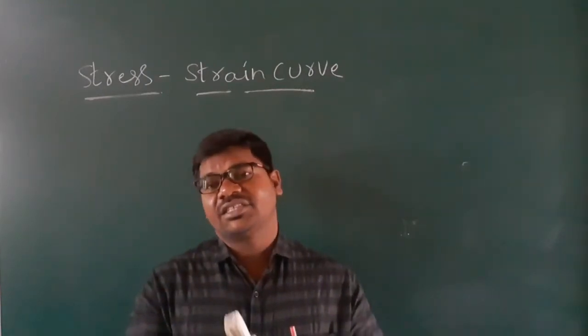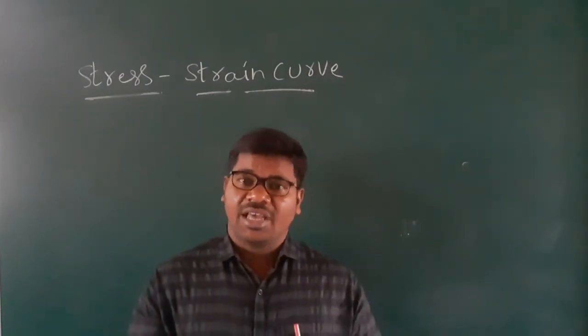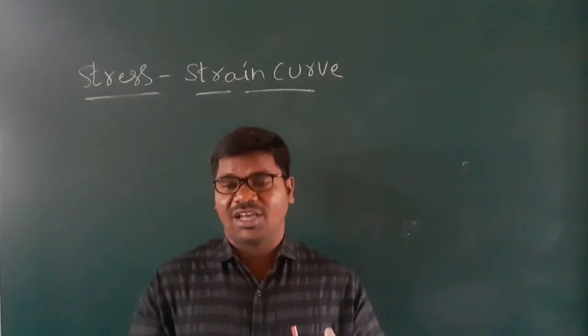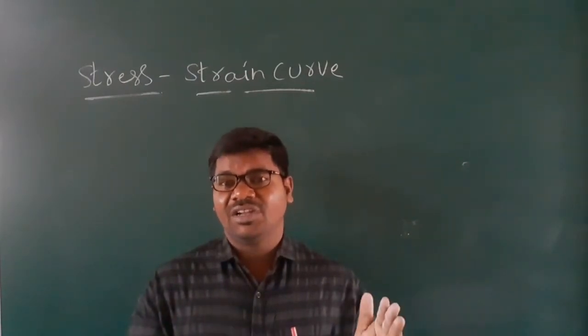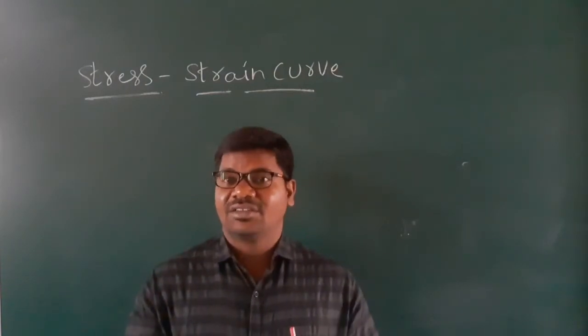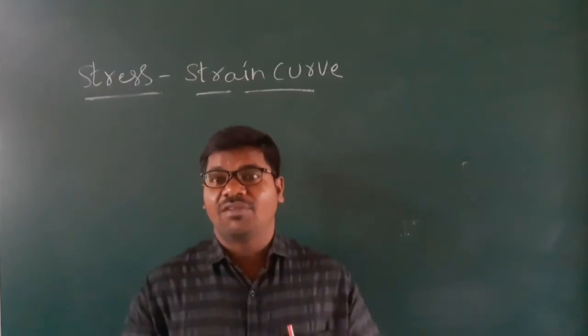We increase the weight gradually and observe the length increases. Again we apply more load, and the length gradually increases, and at a particular weight the wire will break. So this phenomenon we can study in the form of a graph.